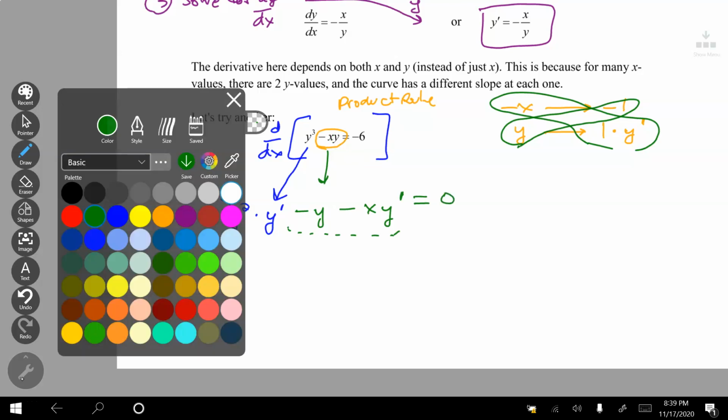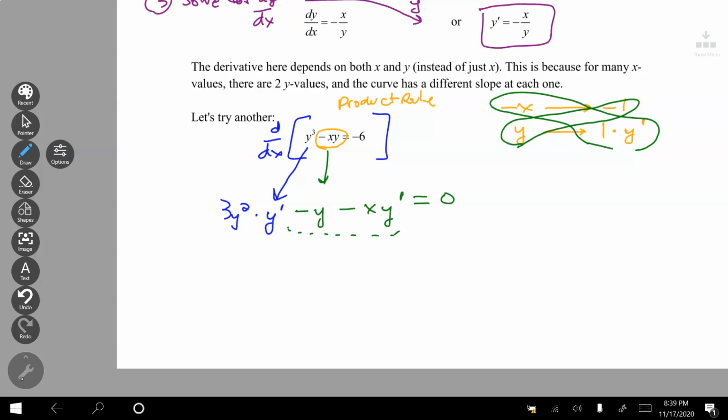So I want to solve for y prime. So when I solve for y prime, I'm going to add this over to the other side. I have 3y squared y prime minus xy prime is equal to y, because I'm going to get all the y primes on one side and everything else without a y prime on the other side.